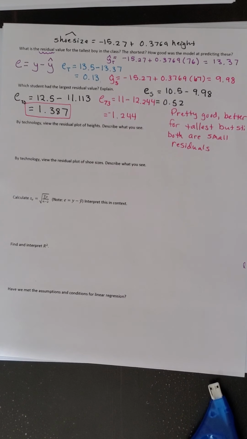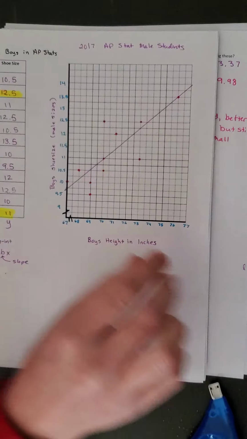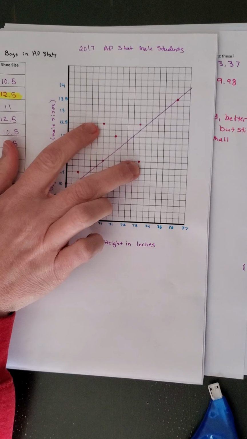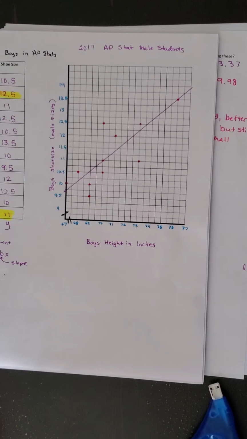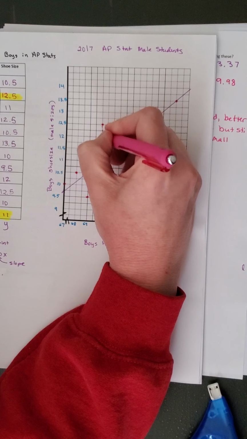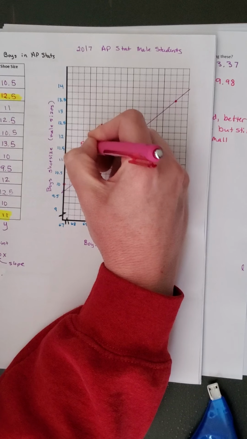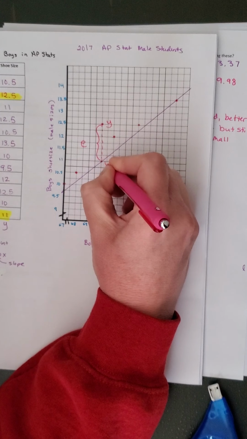He had the largest residual, and explained, so there are 2 ways that you can explain it. Well, first I used my scatter plot to determine that there were 2 possibilities. These 2 individuals were the furthest away from the line of fit. This individual was above the line of fit, and we found that that is his E, right? His E was Y minus Y hat.